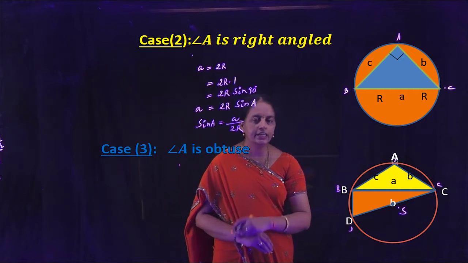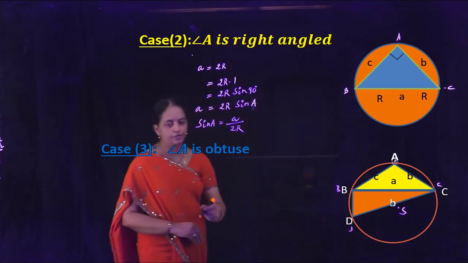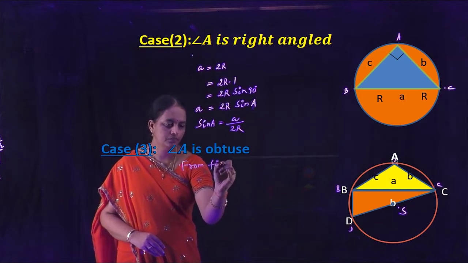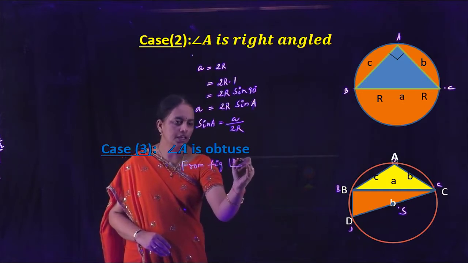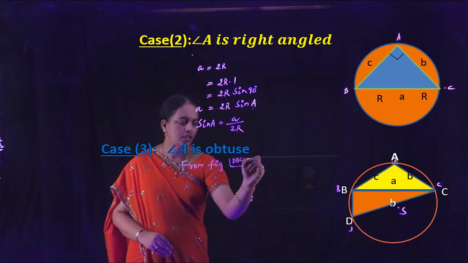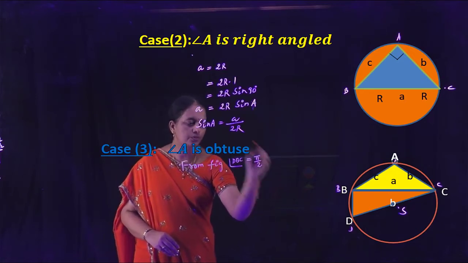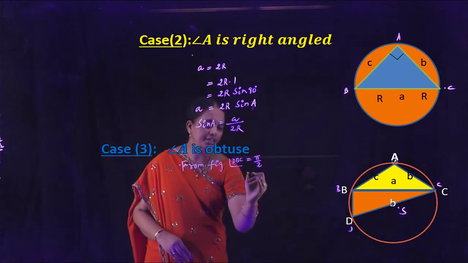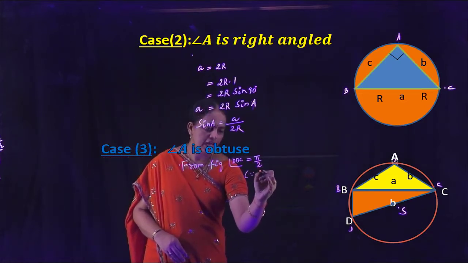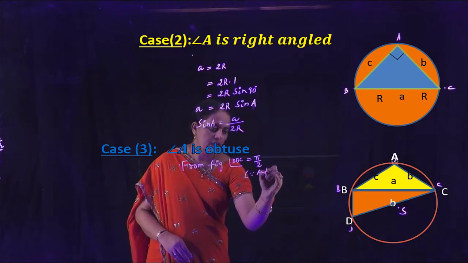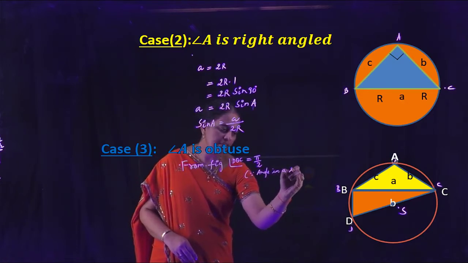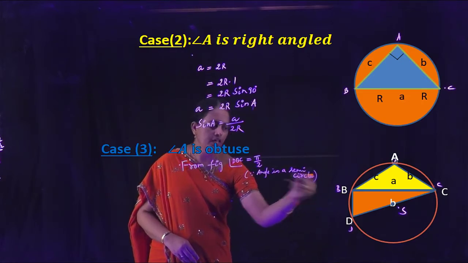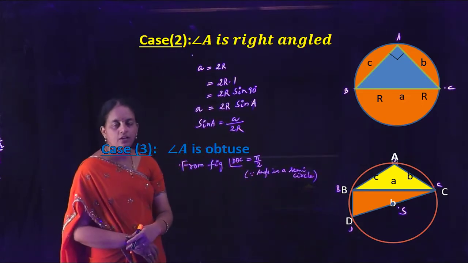And from the figure, angle DBC is equal to 90 degrees, since angle DBC is an angle in a semicircle. We know that an angle in a semicircle is a right angle.